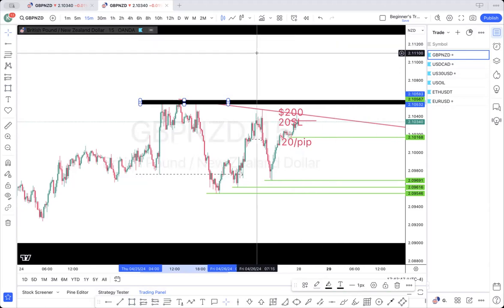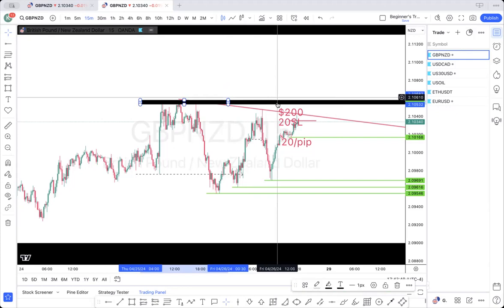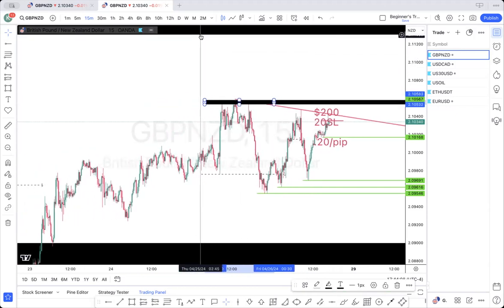So that is why I would take my money here. And then if and when price starts pushing back down, then I would be in the sell going back down. So not only did you get profit at this zone, you built your equity.